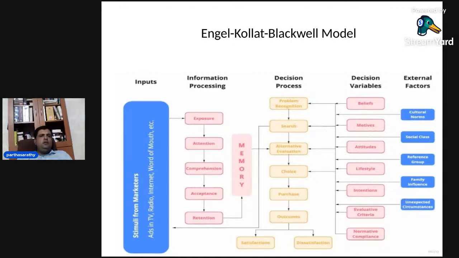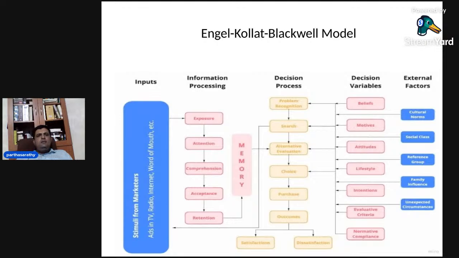Once the stimulus is received, it goes to information processing: what this product may be, how much price it may be. That is why most marketers don't disclose the price initially, just to create that curiosity in the minds of the customer.